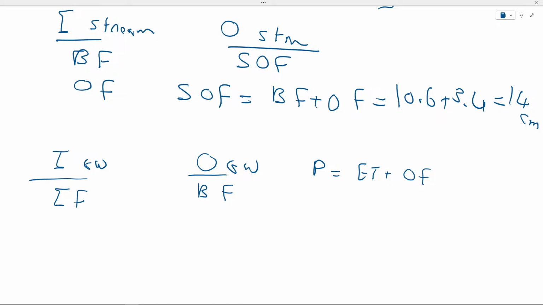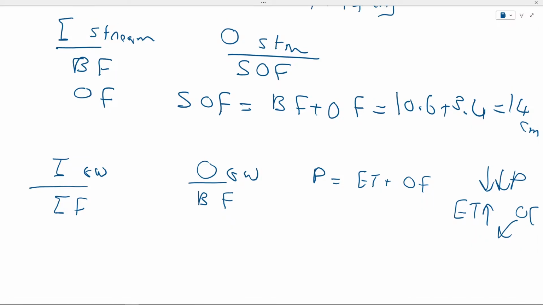You have precipitation, part of it will be ET, part of it will be overland flow, and the remaining part will be infiltration. So infiltration is equal to precipitation minus ET minus overland flow.